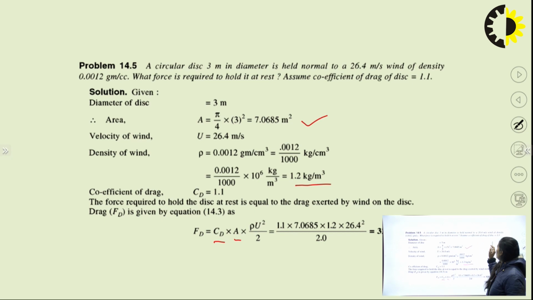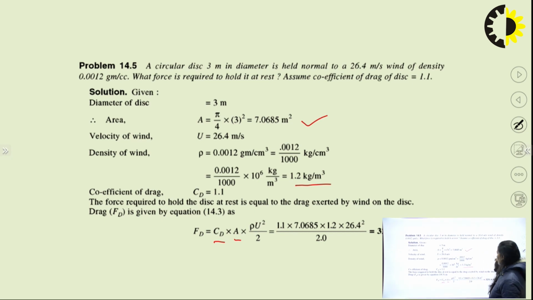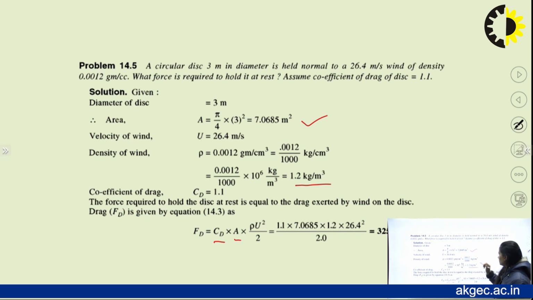Rho is 1.2, and velocity is 26.4 meter per second.